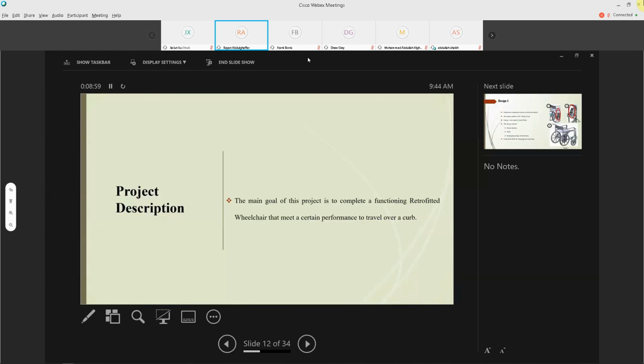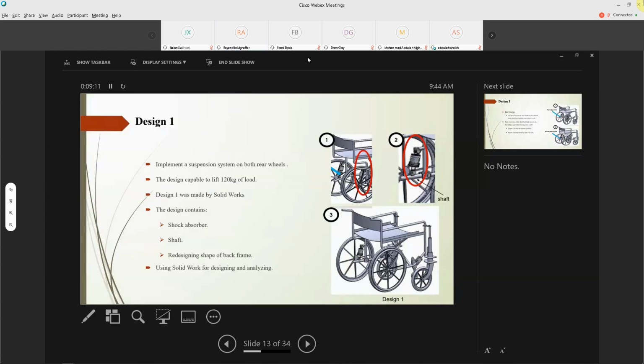Moving to our project description. The main goal of this project is to complete a functioning retrofitted wheelchair that meets a certain performance to travel over a curb. For our approach, as a team, we decided to implement a system on both rear wheels to reduce the shock transmitted from the rear wheel to the individual.